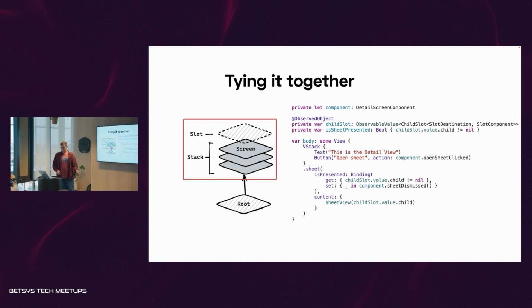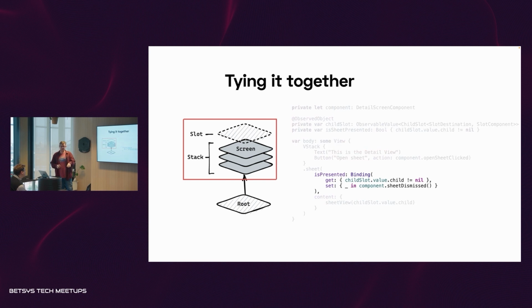And the set method actually gets called only in the case, and I hope that's true, iOS guys maybe correct me in the QA section, that the only time the set is going to get called is when you manually swipe the sheet off with your finger in the UI.